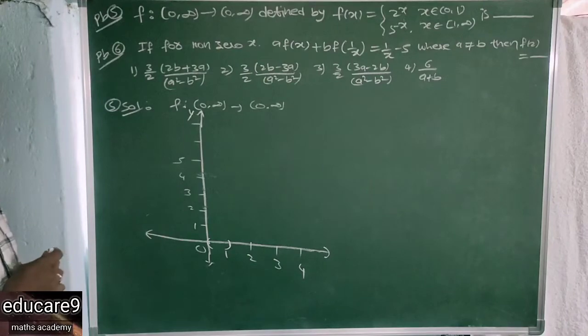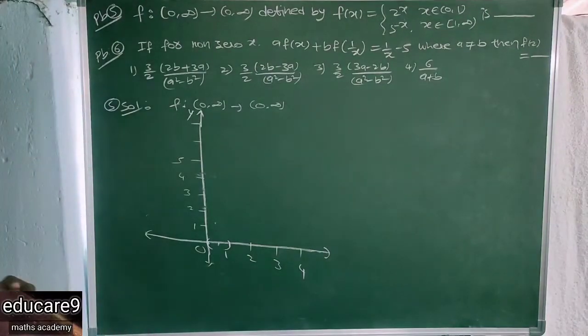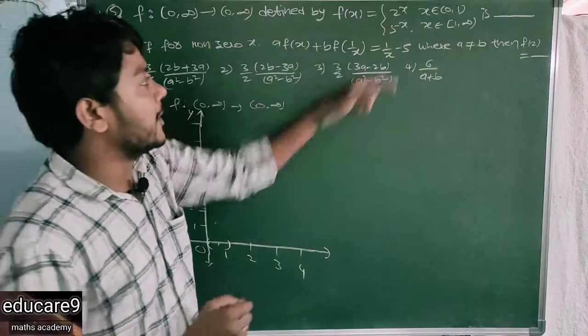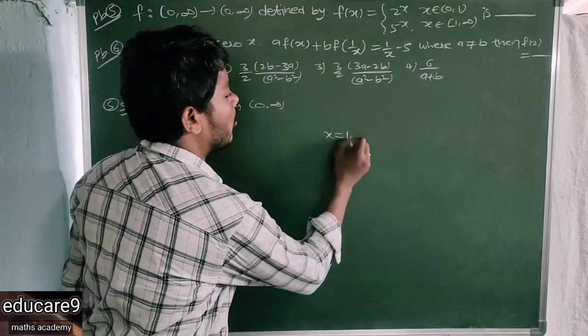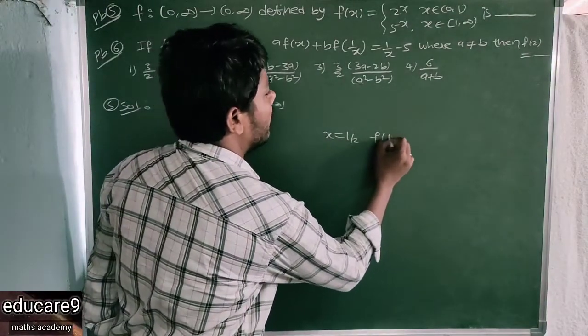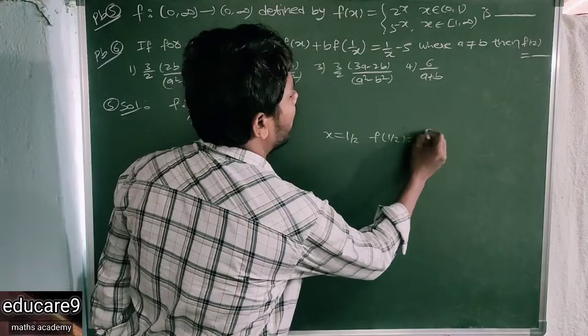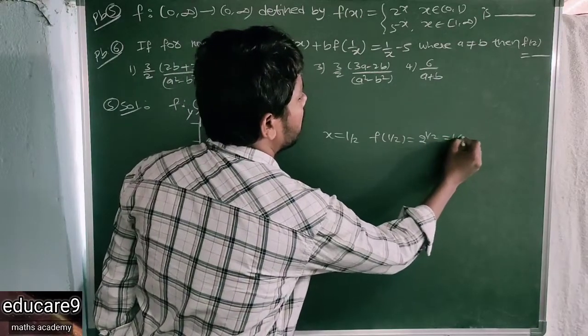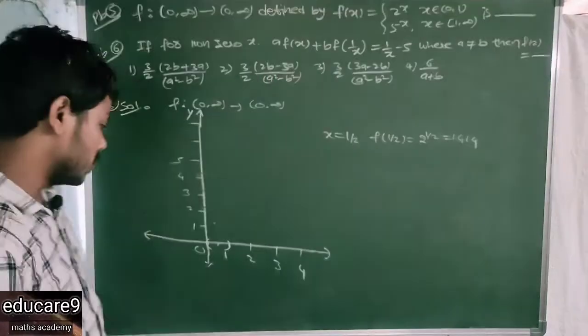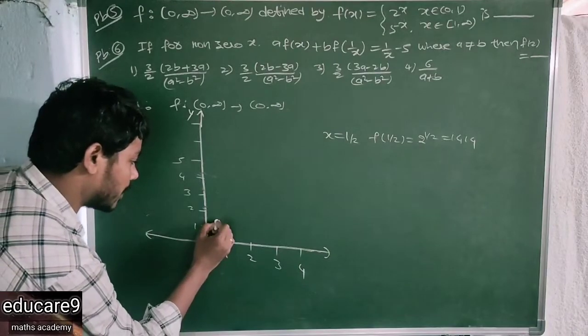So in that case, the graph is, see here, if x is equal to 1/2, then f(1/2) is 2^(1/2), that is 1.414. So at x equal to 1/2, the value is 1.414.